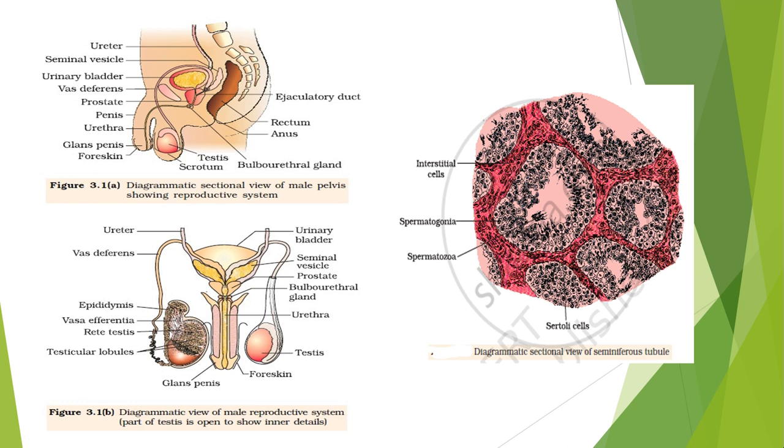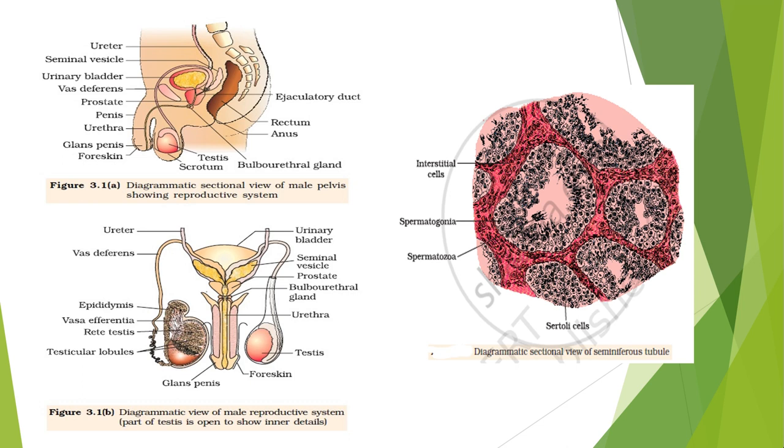These ducts store and transport the sperms from the testes to the outside through the urethra. The urethra originates from the urinary bladder and extends through the penis to its external opening called the urethral meatus. That is about the accessory ducts.